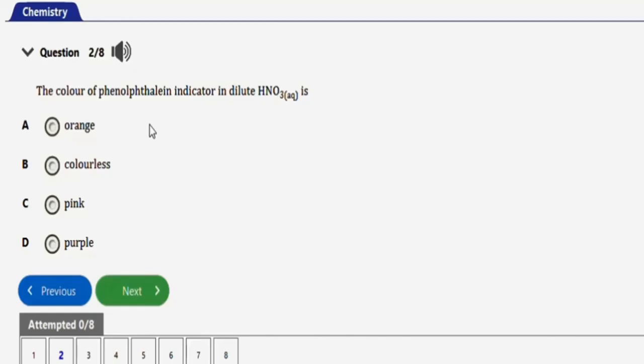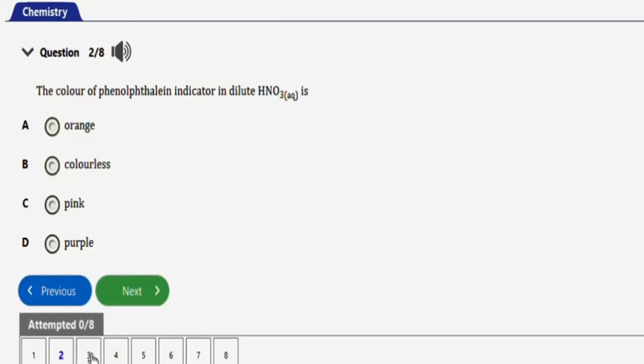Phenolphthalein is usually colorless when it comes across an acidic solution, whereas it is usually pink in color when it comes across a basic solution. So take note of this. In this question, it came across a dilute acid. The color of phenolphthalein indicator in dilute acid is colorless. So that's it for this question.